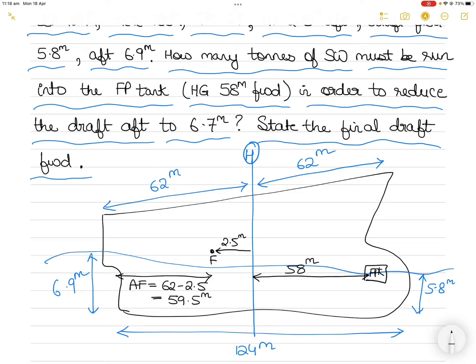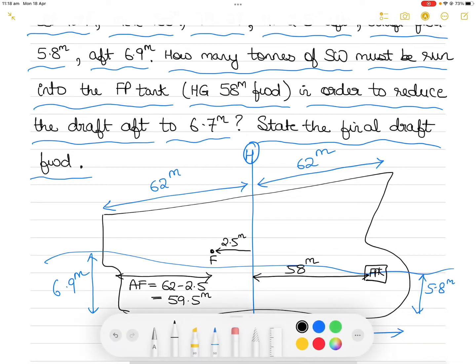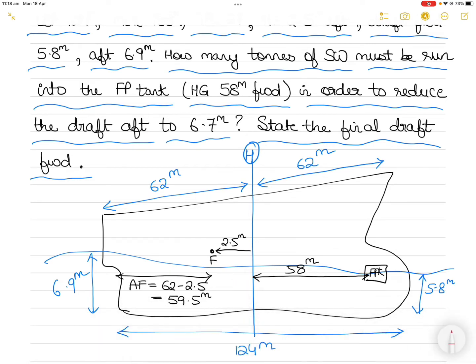But this is not the distance we are interested in. When we are talking about changing trims, we are interested in the distance from the center of flotation, from F, to the forepeak tank. This distance is called D. It is 2.5 plus 58, which is 60.5 meters.